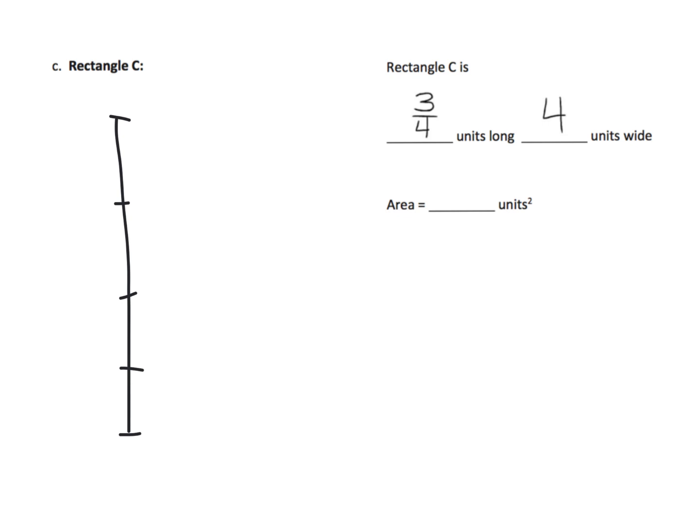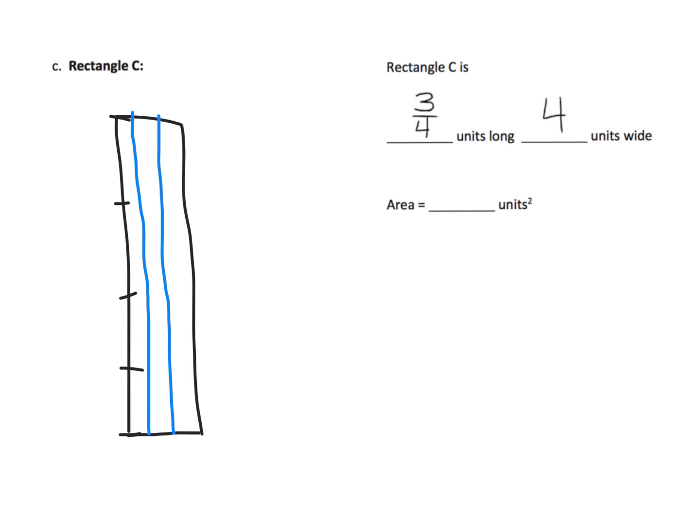But the length is 3/4. So it's not going to be 1 whole. It's going to be 3 pieces. So what that means is, I'm going to kind of insert this in blue. So these are quarter strips. All right, and so I'm going to make this in black right here.